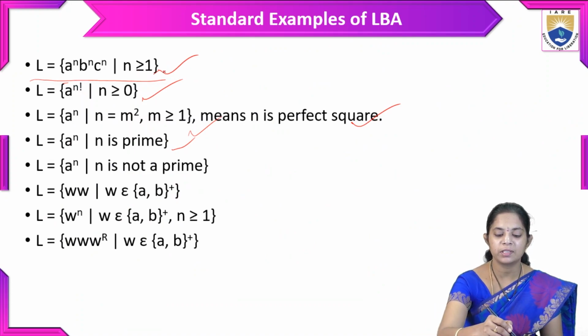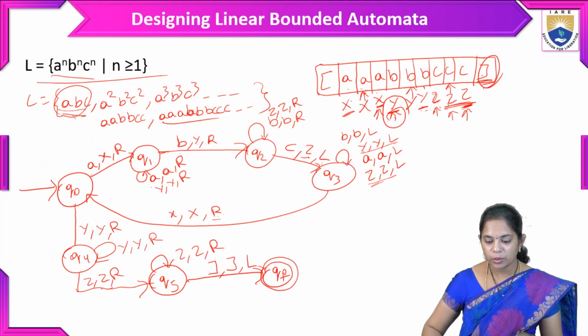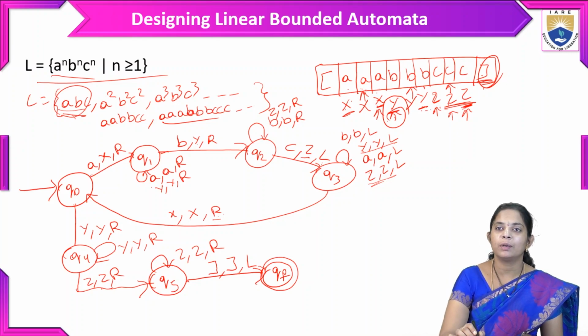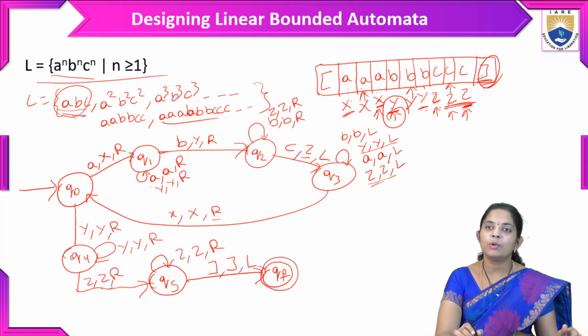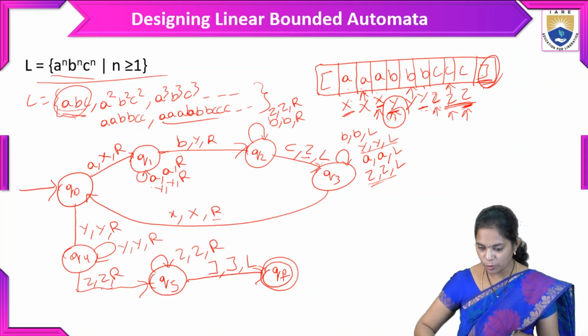In this one, we have discussed a power n, b power n, and c power n. So in this one, we need to check the number of a's, the number of b's, and the number of c's. So for n number of a's followed by n number of b's and n number of c's, we can construct a linear bound automata.